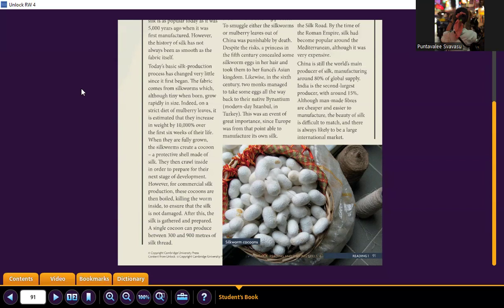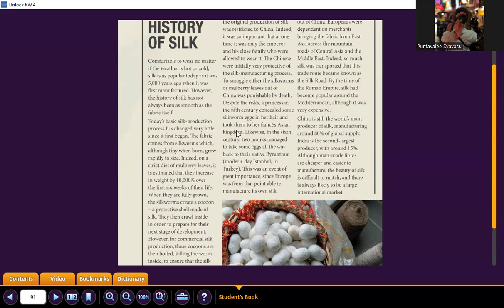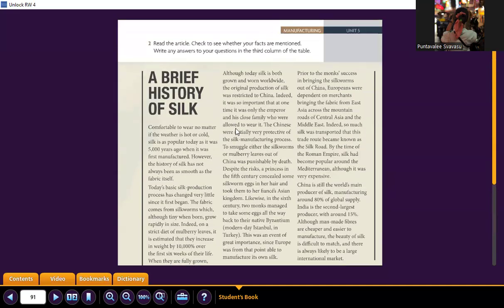Number 2, they talk about China, silk was worn by whom. So you will see that for this part it's a little bit tricky. Here it says it was only the emperor and his close family who were allowed to wear it.